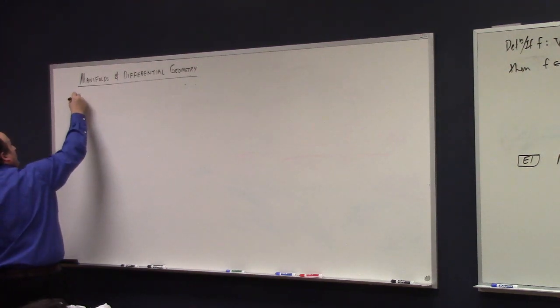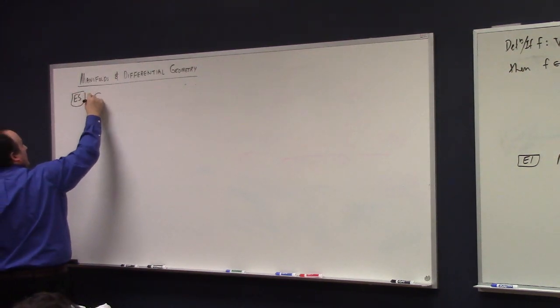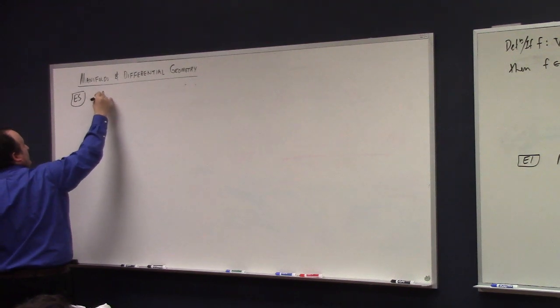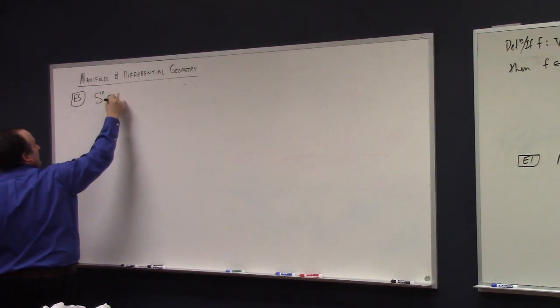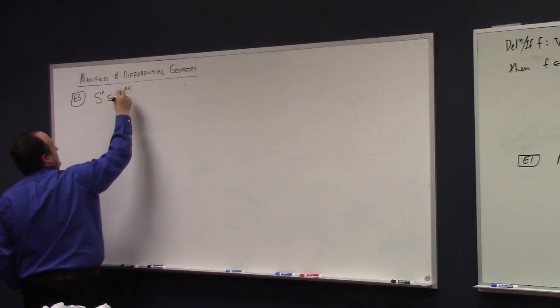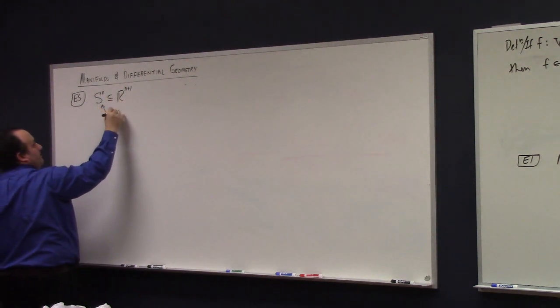Example 5, you talk about the n sphere, which is a subset of R^(n+1). The n sphere.